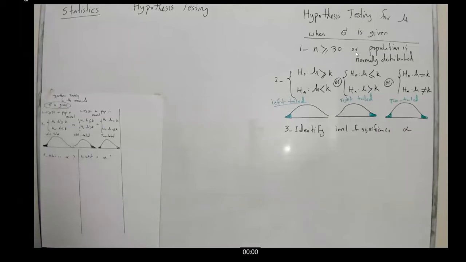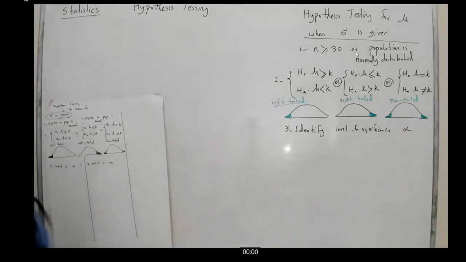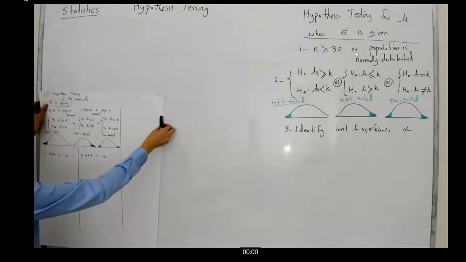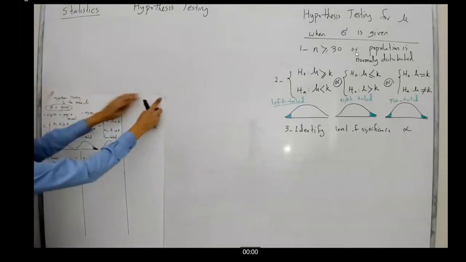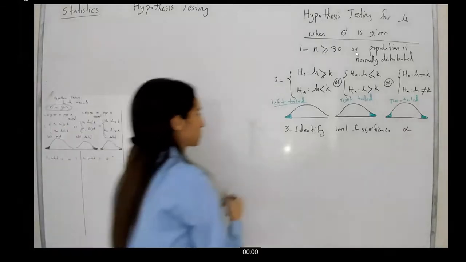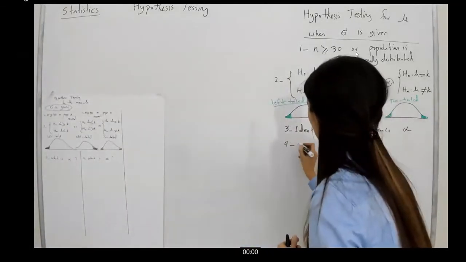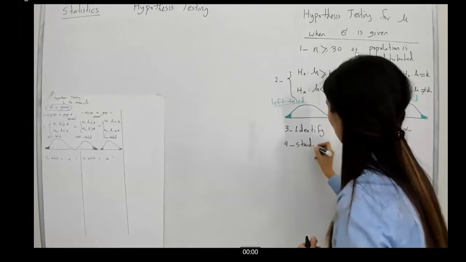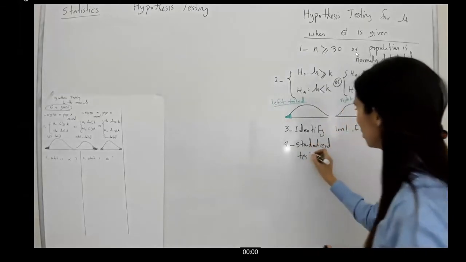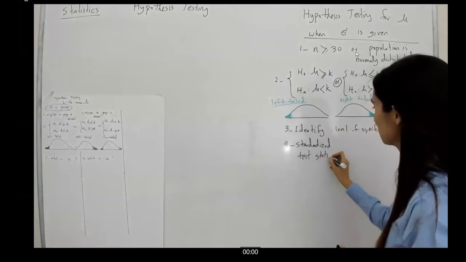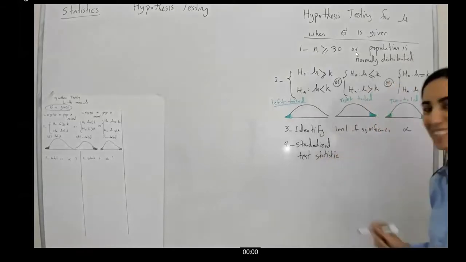Find the standardized test statistic. Very well. So, what was the formula? Z equals X bar minus mu, divided by sigma over square root of n.